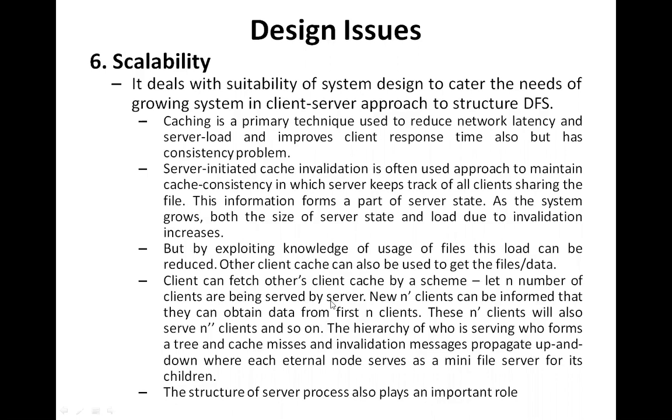So another scheme has been proposed, where a client can fetch data from another client's cache. Suppose there are n clients being served by a server. New n' clients can be informed that they can obtain the data from the first n clients, which have already cached it.